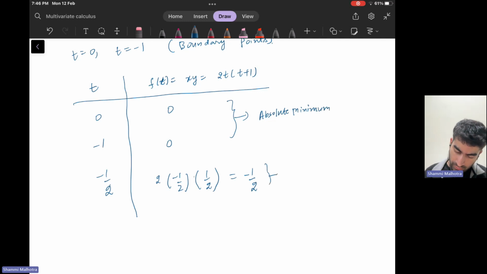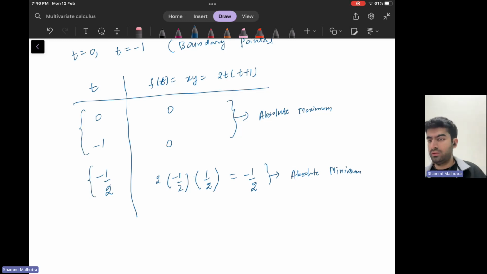My bad, this is my absolute maximum, and this is my absolute minimum. And these are the points at which my minima and maxima occurred. Okay, I hope this is clear.